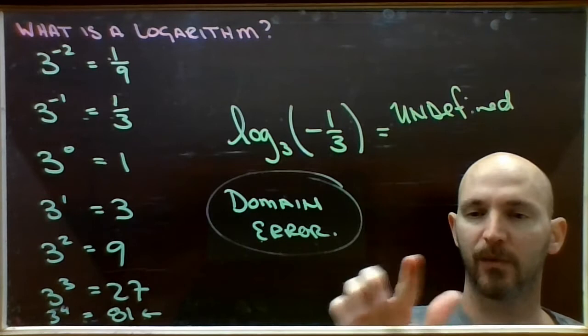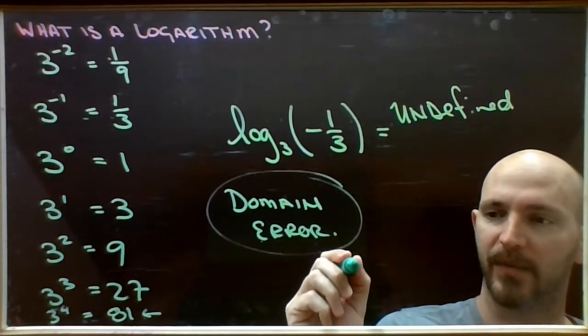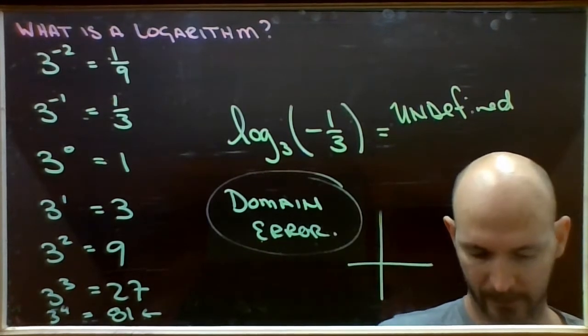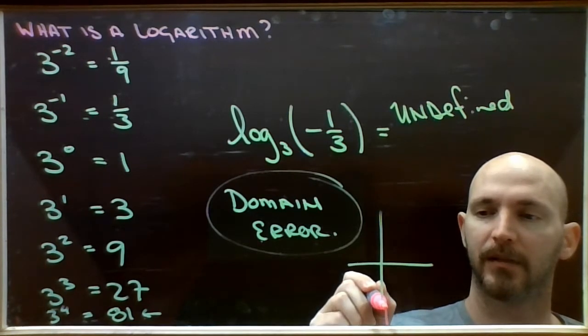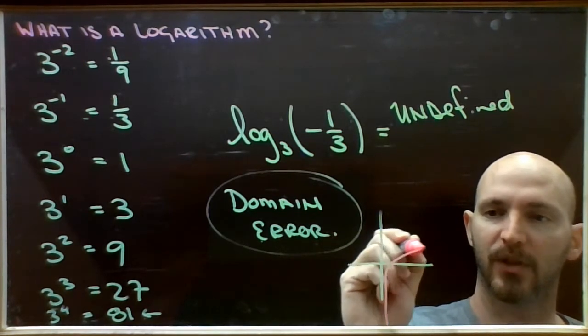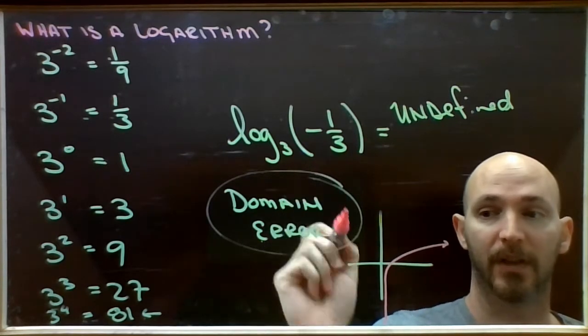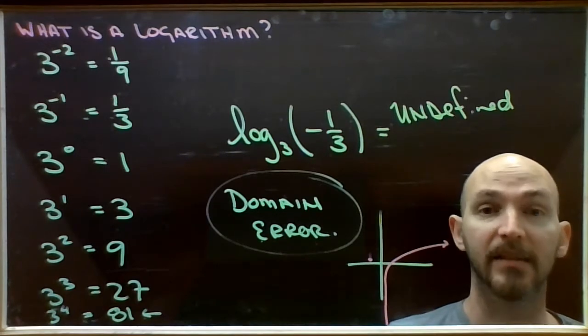If you were to rewind the video a little bit and see the sketch of a logarithm function, it looks something like this. It had a vertical asymptote here, and then it took off like that. Do you notice that -1/3 on the x is over here, where that function doesn't exist?